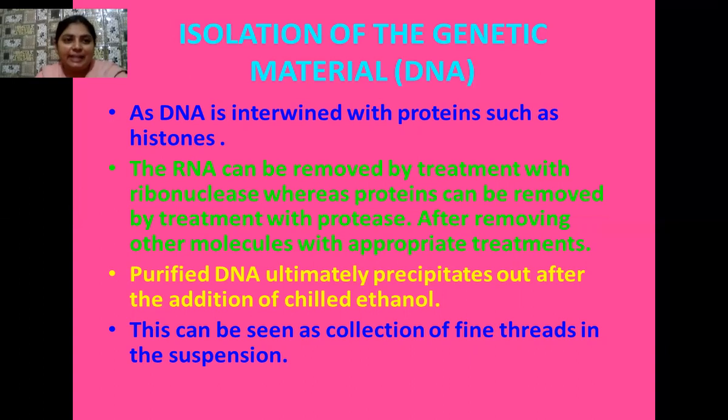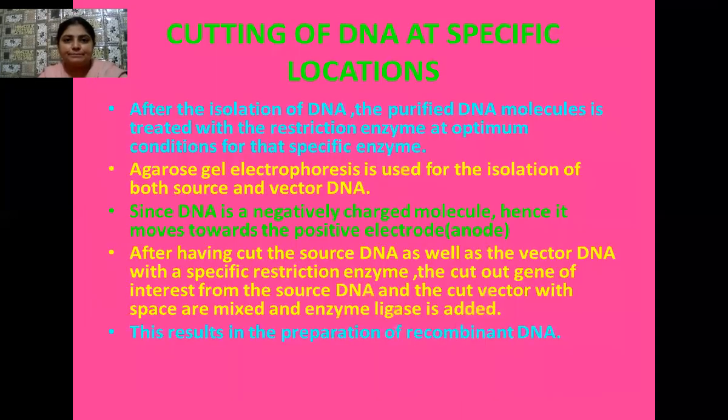This process is known as spooling. Yes, student, here I have shown the picture of spooling with the help of a small capillary tube. If you have done the experiment in a test tube, then you can isolate these DNA threads which are floating over the surface of chilled ethanol, and this process is known as spooling.